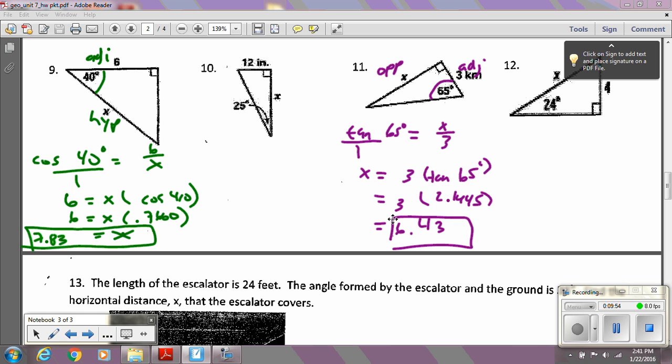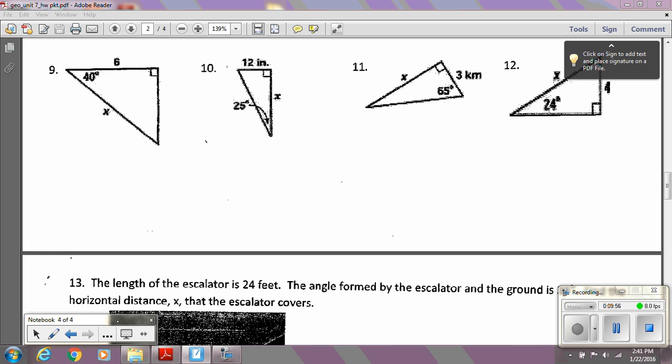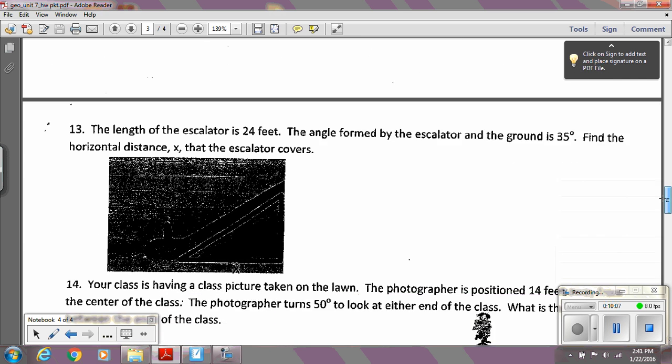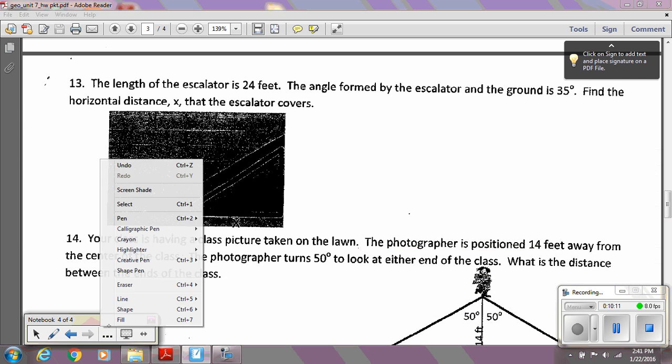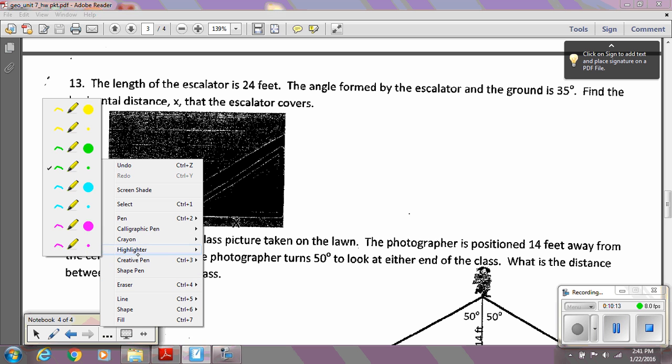And the last one I'll help you with is number 13. There's a picture on number 13, but it didn't quite come out very well. So we're going to redraw it.